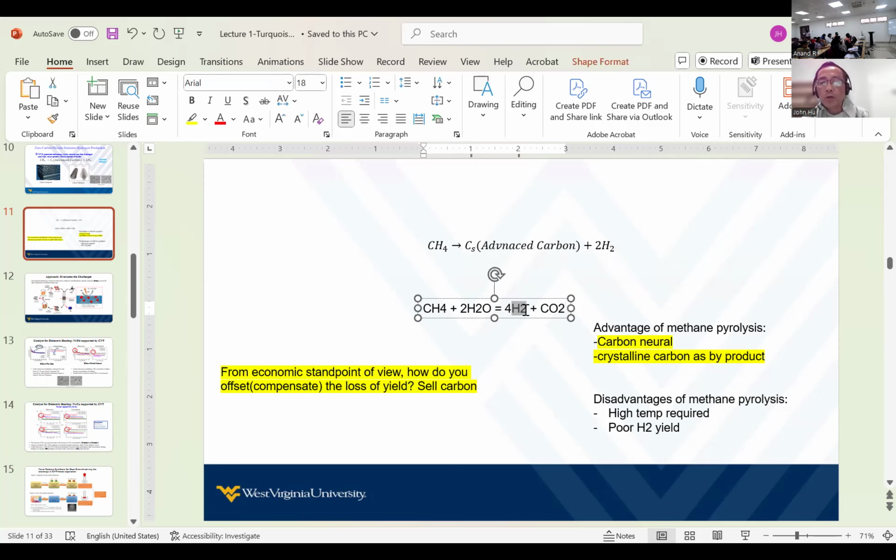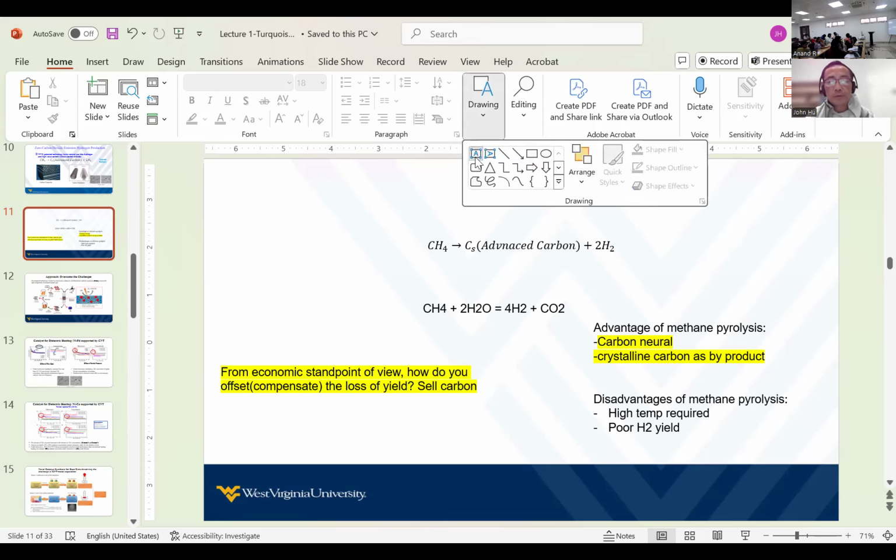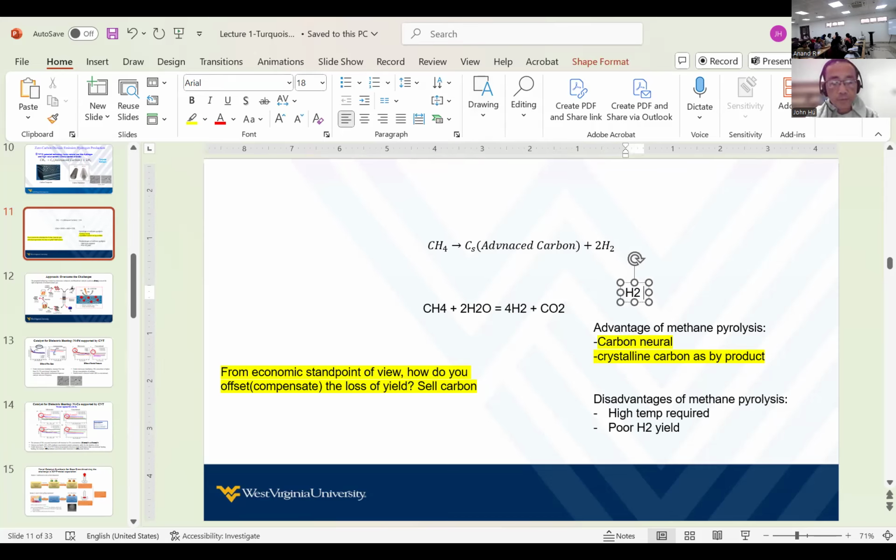What are you going to use for hydrogen? If you combust hydrogen, will water come back? Some hydrogen will be combusted, all right? So water will be coming back, all right?